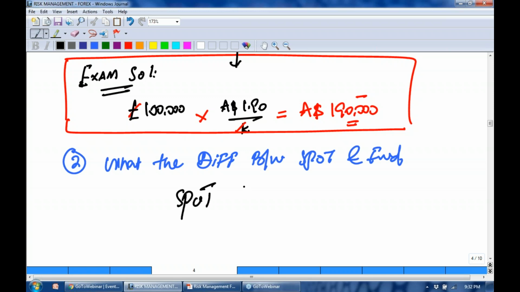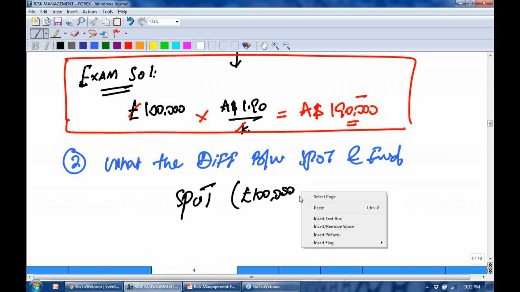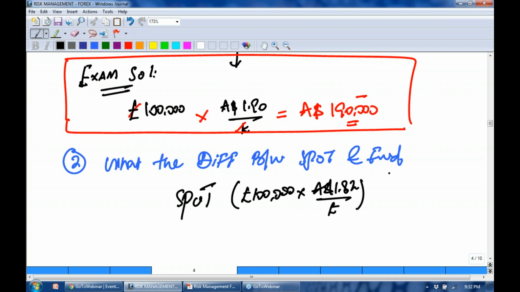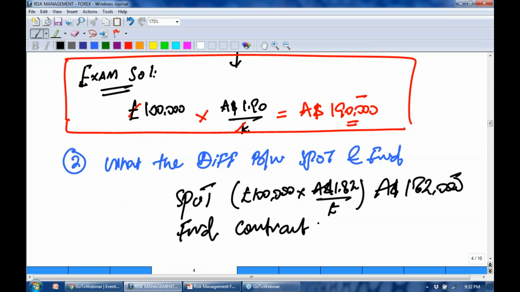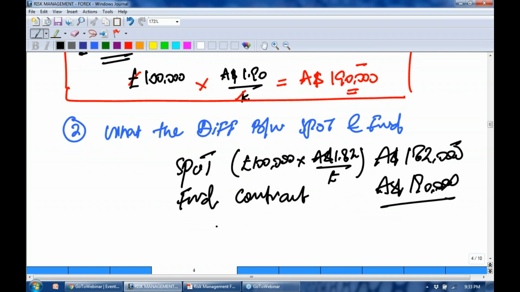If we compare spot, 100,000 sterling against 1.82 gives Australian dollars in local currency 1,82,000. But we have committed with the forward contract to Australian dollars 1,90,000. So we have an immediate loss of 8,000. Apparently, it's a clear loss in 2 months.